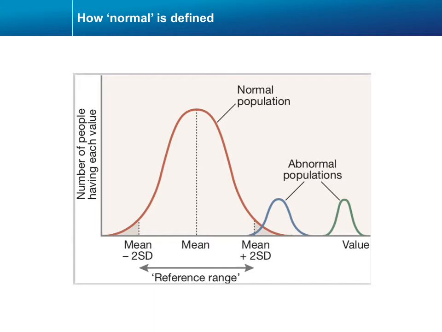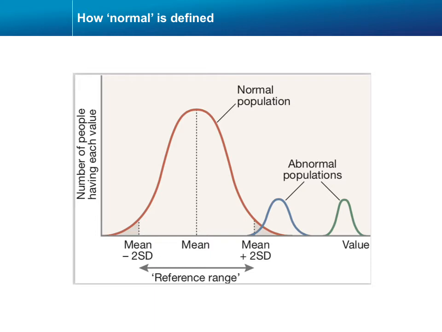And traditionally, by convention, the normal range is defined as those values that encompass 95% of the healthy population, or 2 standard deviations above and below the mean. So what that means is that 2.5% of normal people have values above the reference range, and 2.5% of people have values below. So that's why we talk about the reference range as opposed to the normal range, because you can be normal and outside the reference range.